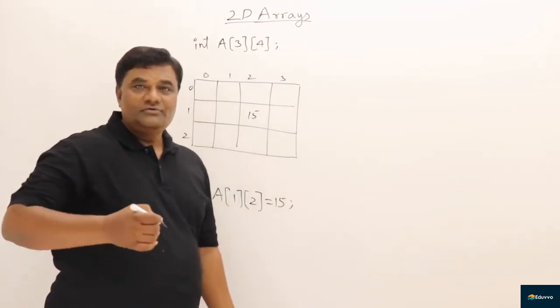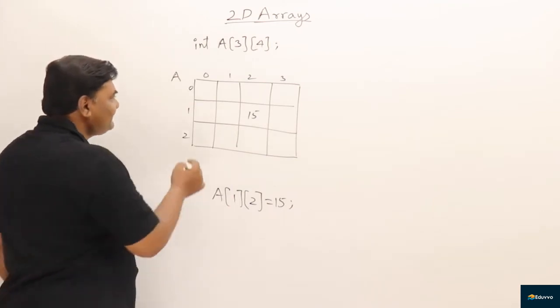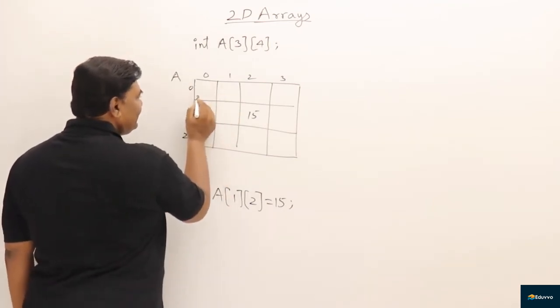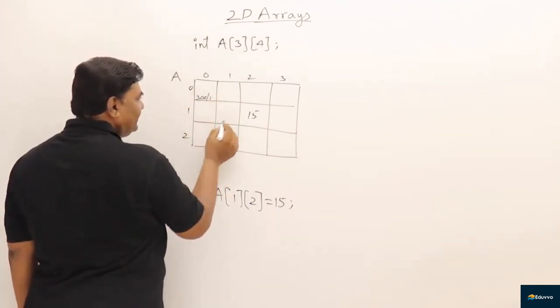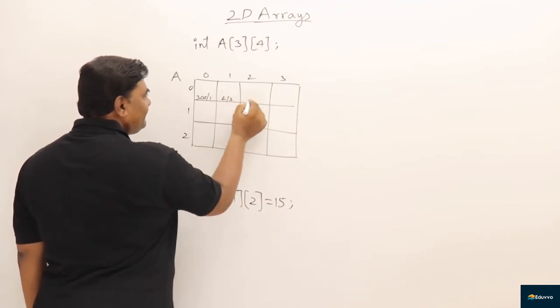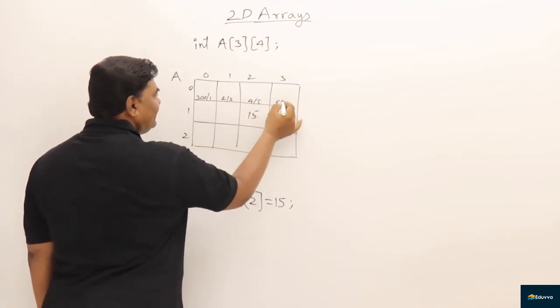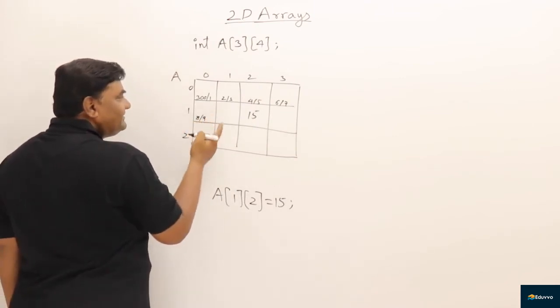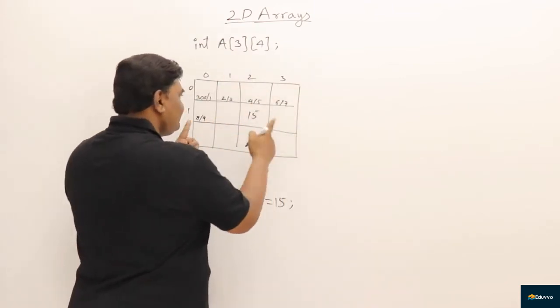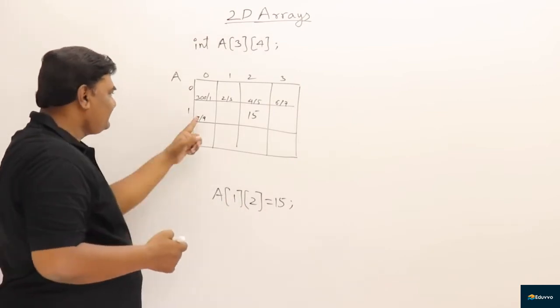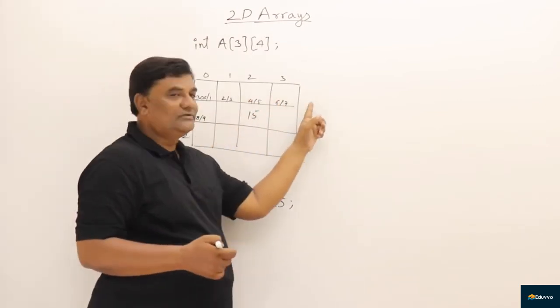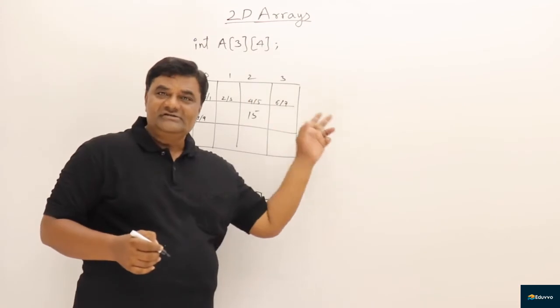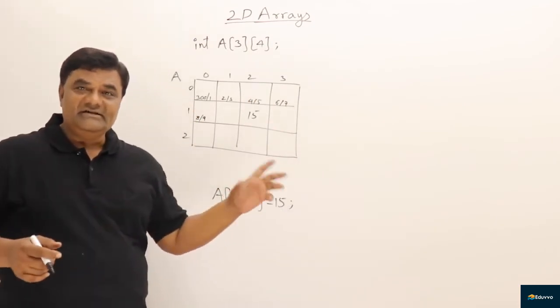The one fact about a two-dimensional array is, if I say the starting address of these 2 bytes is 300 and 301, then this is 2 and 3, 4 and 5, 6 and 7, then definitely this will be 8 and 9. See, though we are drawing it in a two-dimensional rectangular form, this location is next to this location. So it means the locations are allocated contiguously side by side.